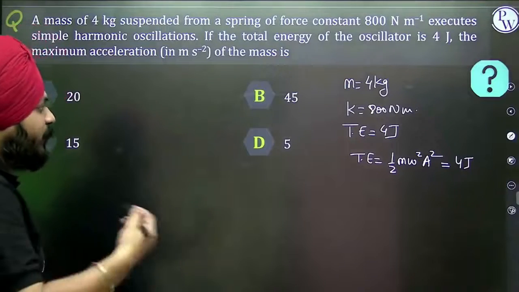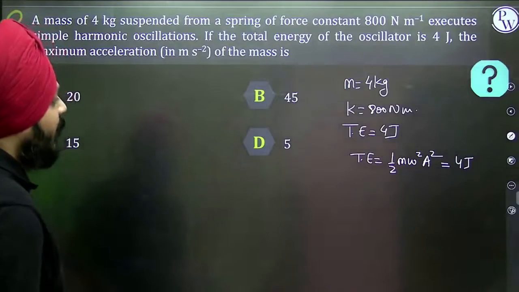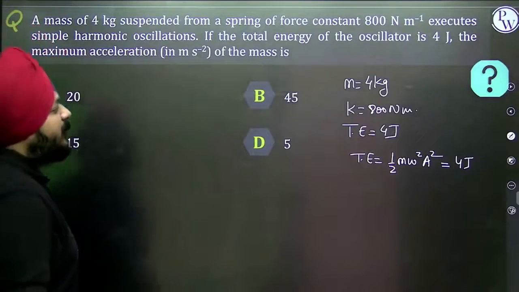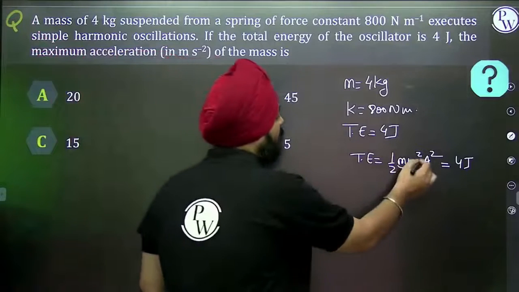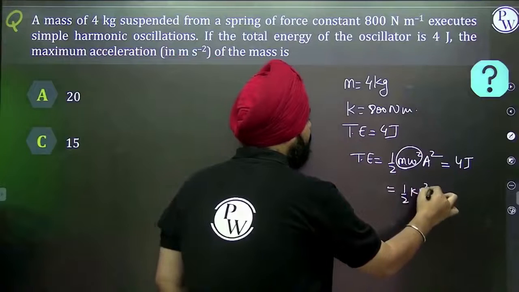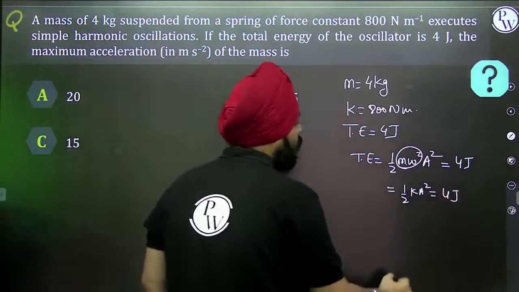So the total energy is half m ω² A². Can I replace mω² with the value of k? Half k A² is equivalent to 4 joules.